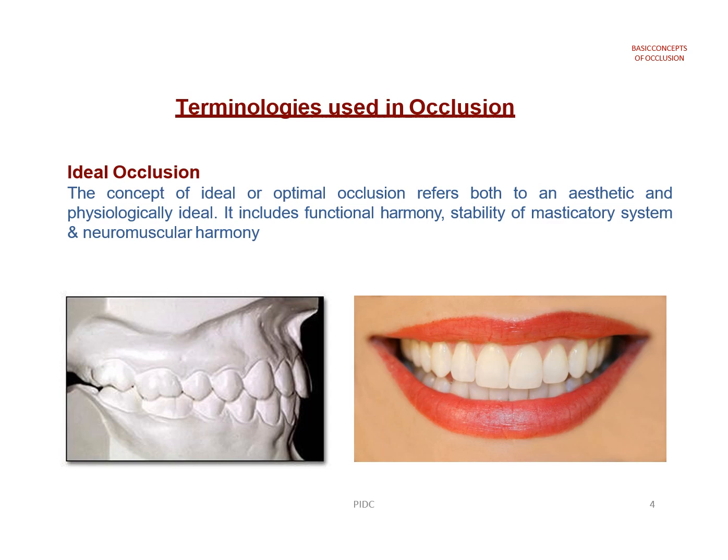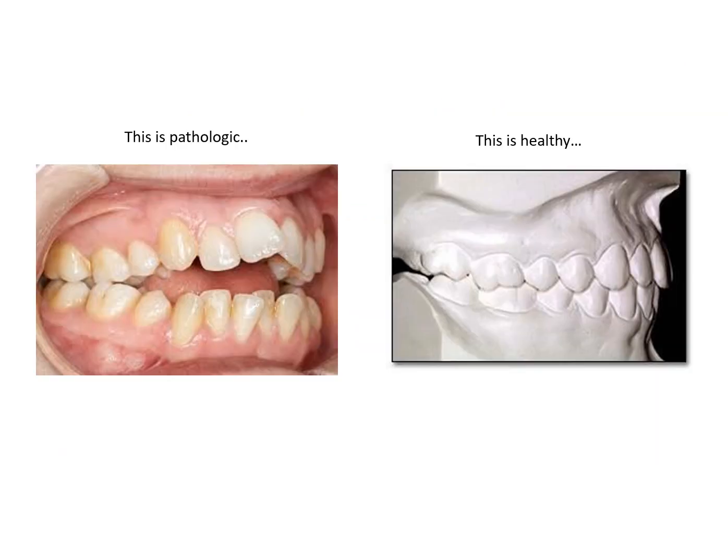So it is aesthetically good looking when you smile and also doing its function. It includes three things: functional harmony, stability of your masticatory system, and neuromuscular harmony. So you have harmony in function, stability of your masticatory system, and also muscle harmony. When you achieve all this, you know that it is an ideal occlusion.